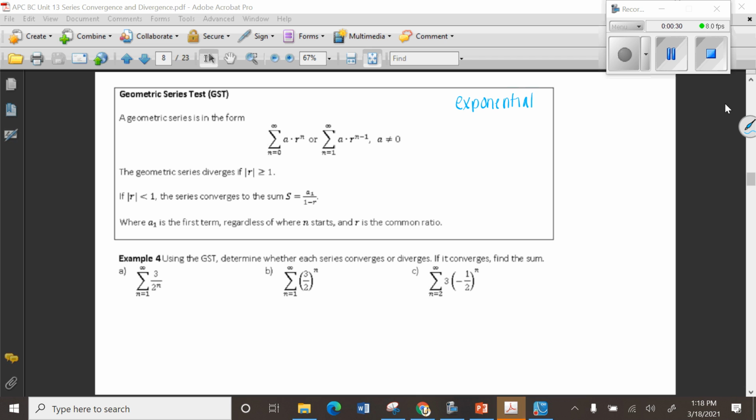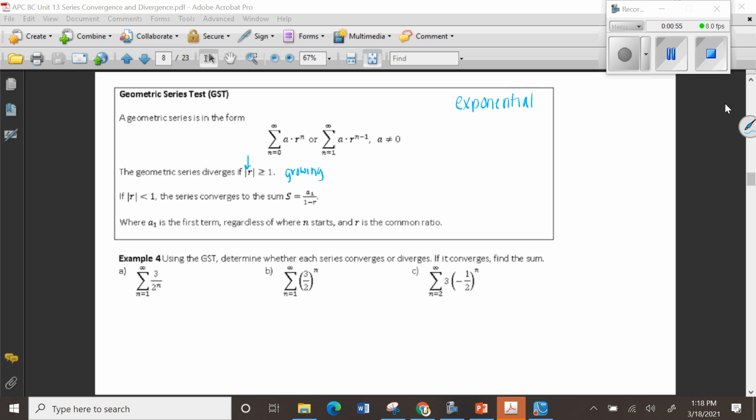And what we just talked about is if the thing that it's multiplying by, r, is called your common ratio, and if that is greater than 1, that means this series is growing. It's getting bigger. So all those fractions we saw were getting bigger in example 3, because that ratio was bigger than 1.